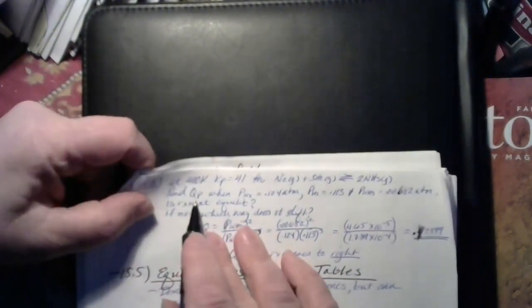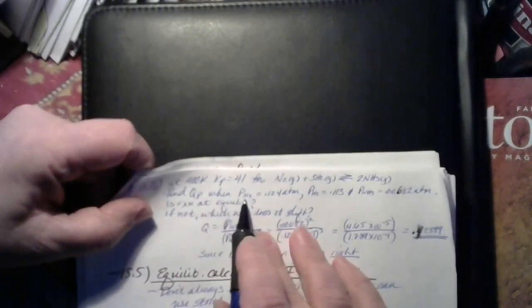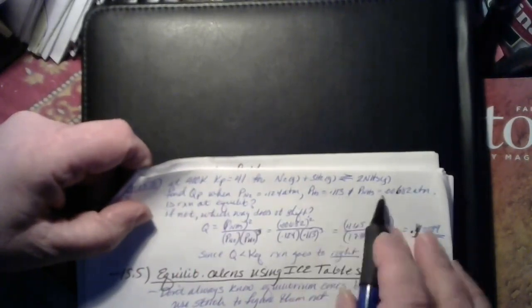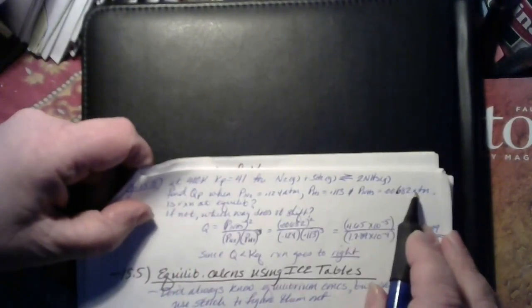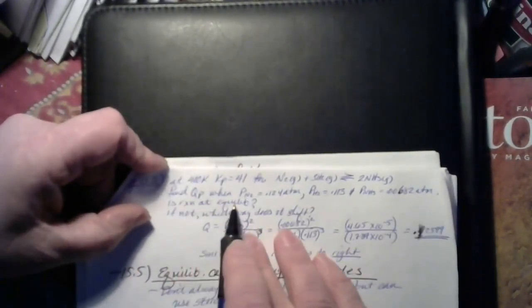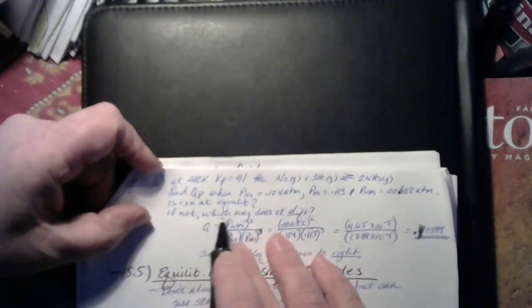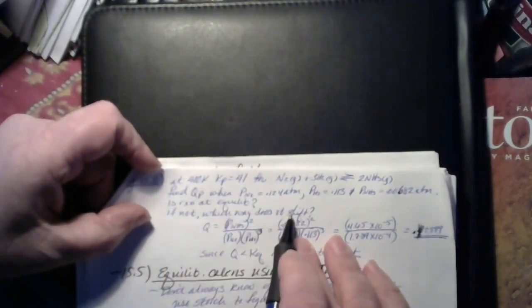Okay, so we want to find Q in terms of pressure when the pressure of nitrogen is 0.124 atmospheres, the pressure of hydrogen is 0.113 atmospheres, and the pressure of NH3 is 0.00682 atmospheres. And then the question is, is the reaction at equilibrium? And if it's not, which way will the reaction go until it reaches equilibrium?